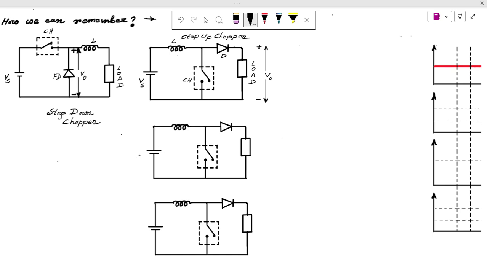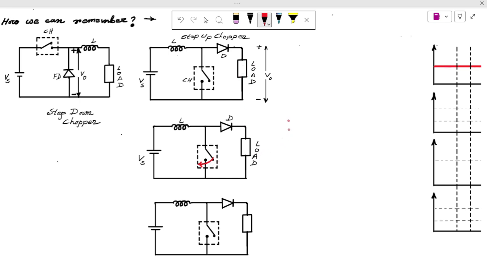As in the previous diagram, this is Vs, this is L, this is the diode, this is the load. All are the same as the before diagram. Consider the red color to better understand that the switch is in the off state here. And this one, the switch is in the on state.